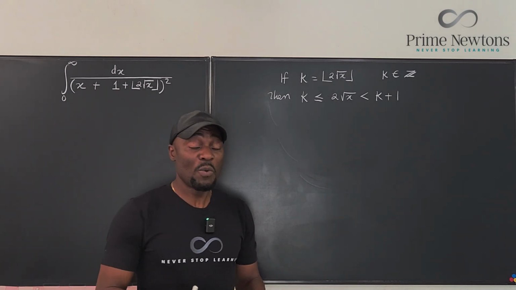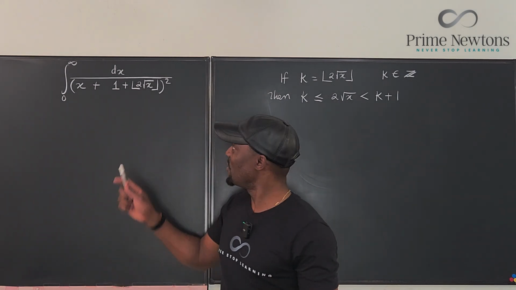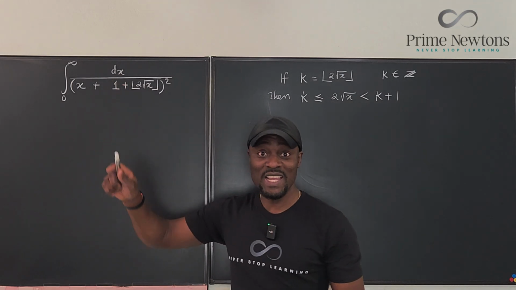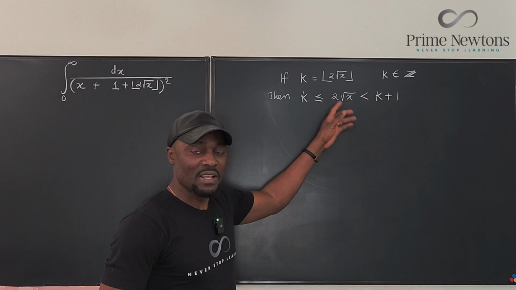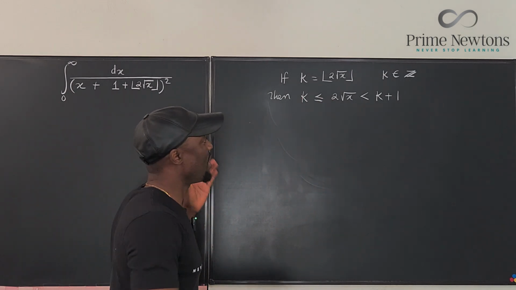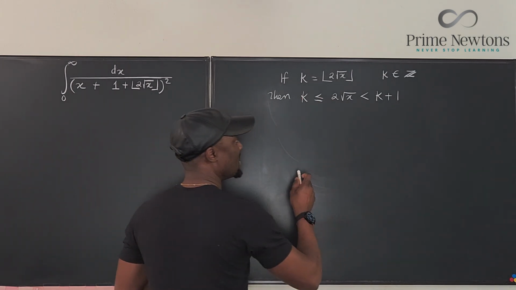What we want to isolate, because we're integrating with respect to x, is x. So let's remove the square root sign by squaring every portion of this inequality.